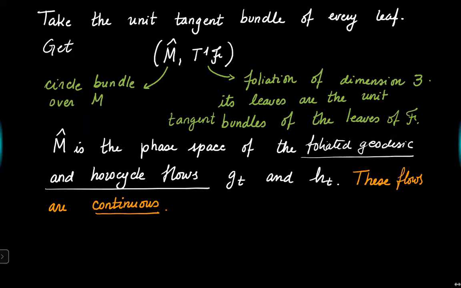It's usually a non-compact surface which is immersed in some complicated way in the ambient manifold M. And a geodesic on the leaf will travel on the leaf in some way which might not be completely trivial.